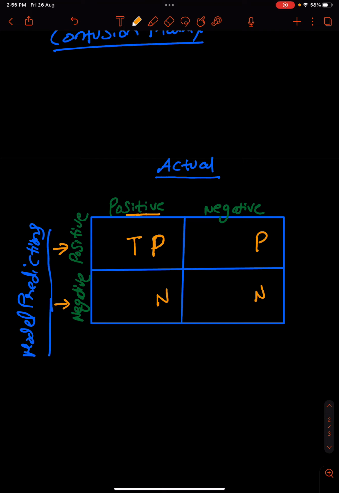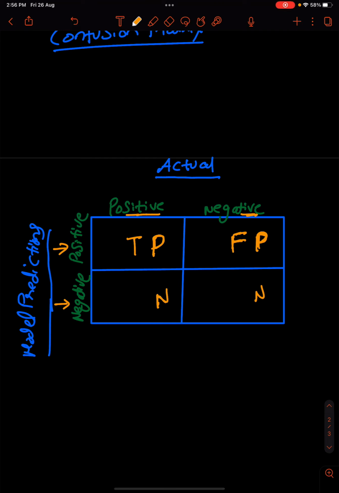And now there could be some records where the model will predict them as positive class, but actually they might belong to negative class. So these are false positives, that is the predictions are false. The prediction is that they are positive class, but that is false because actually they belong to negative class.